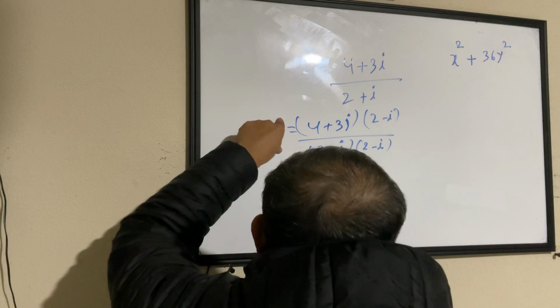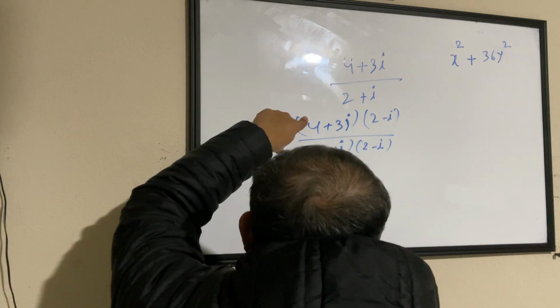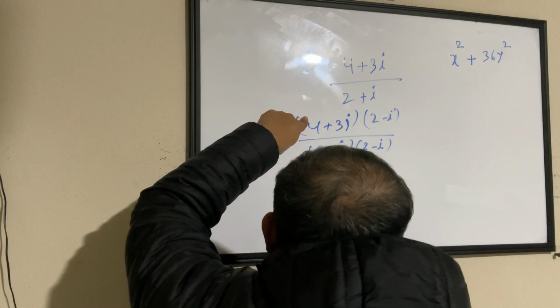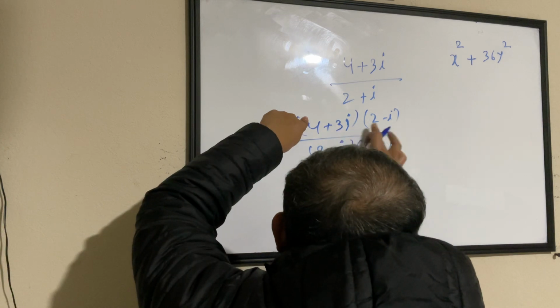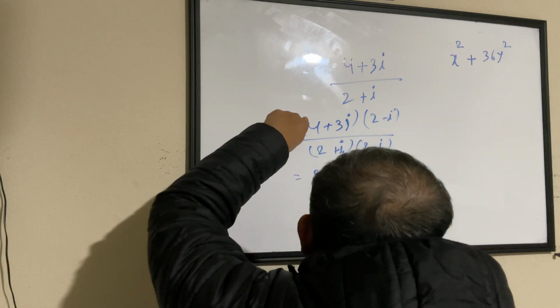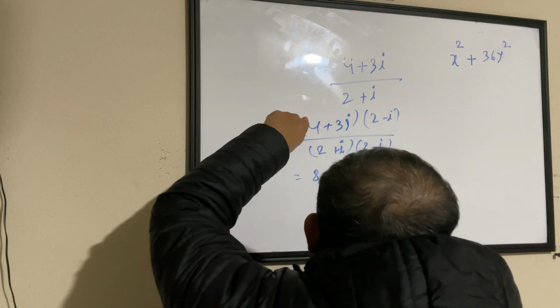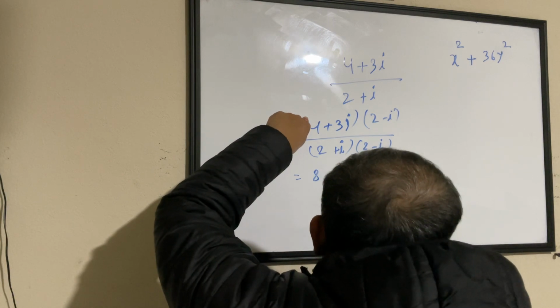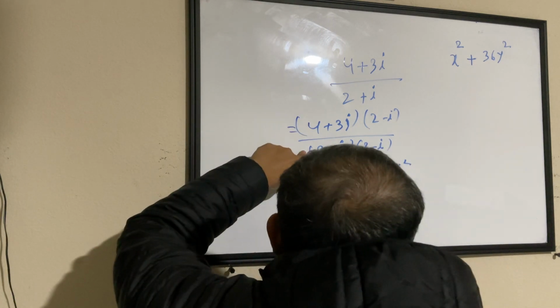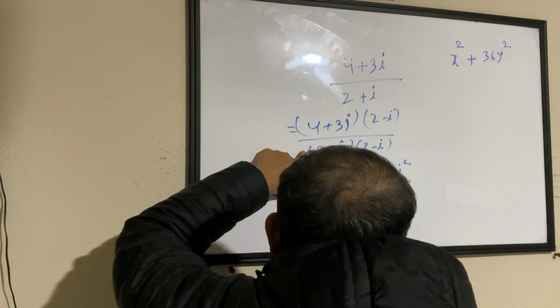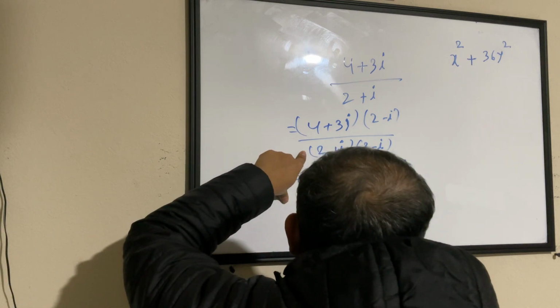Let me do it also. 4 into 2 is 8. 4 into minus i is minus 4i. 3i into 2 is plus 6i. 3i into i is minus 3i squared, divided by the denominator, (a plus b)(a minus b) is a squared minus b squared, so 2 squared minus i squared.